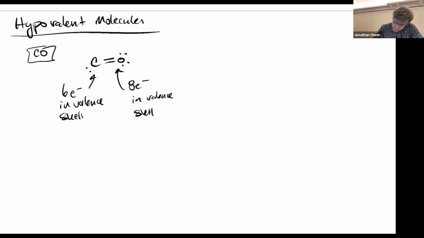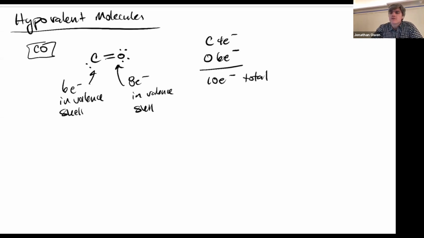So carbon has got 4 electrons, oxygen's got 6 electrons, you've got 10 electrons total if you want to check and make sure that that is right. Okay. So one of the things you can do here to try and get to a better representation is to give carbon 2 more electrons, because I want carbon to have 8 if I can. So let's maximize the bonding to achieve the octet rule, okay?